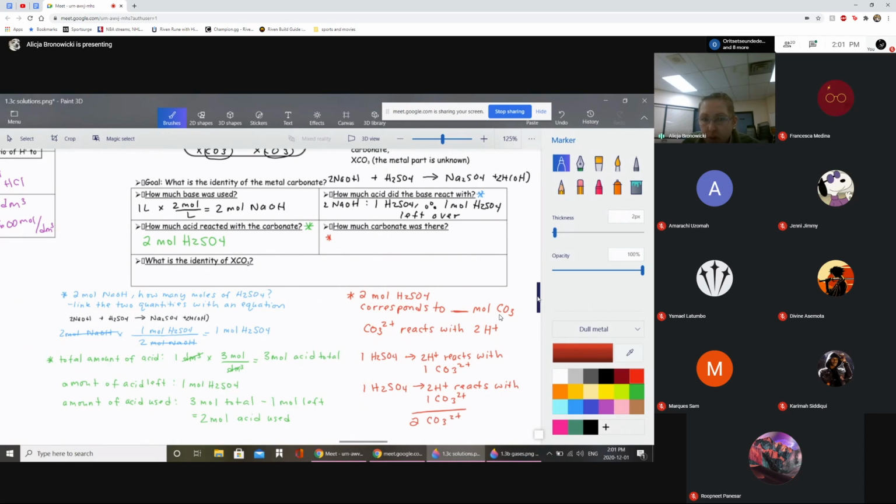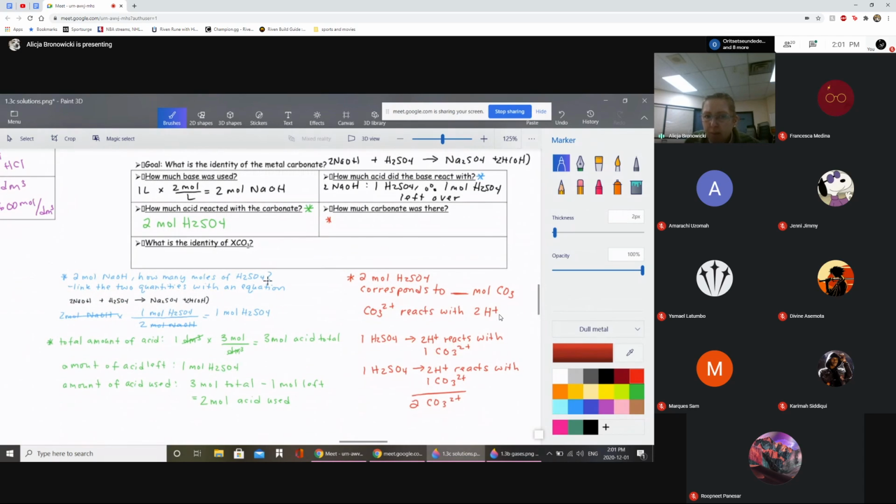You really have to get really good at thinking in terms of ratios for chemistry. So for XCO3, if I have 2 CO3 2 minus, therefore I have 2 XCO3. So I have 2 moles of XCO3.